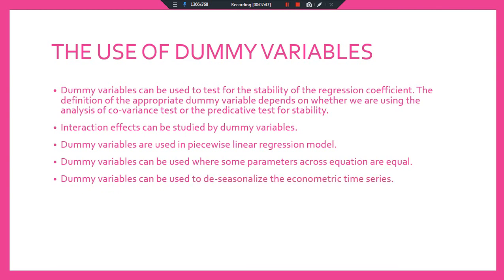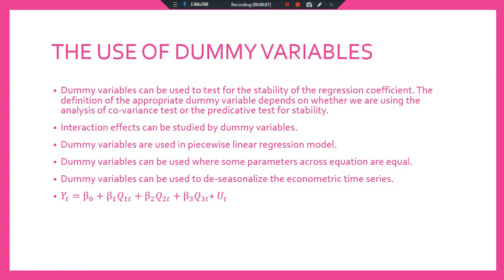Dummy variables are also used to deseasonalize econometric time series, like we have here: yt is equal to beta naught plus beta 1 Q1t plus beta 2 Q2t plus beta 3 Q3t plus ut.